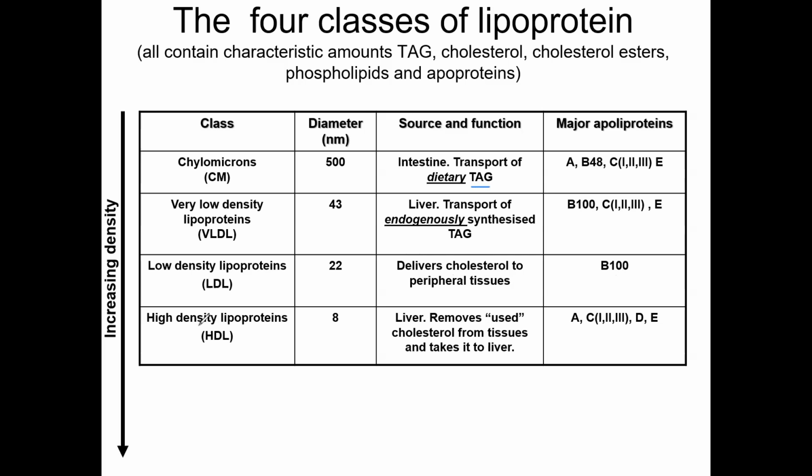And then the next one is high density lipoproteins, found in the liver, and the major function is to remove the used cholesterol from the tissues and take it to the liver. That is why it is called good cholesterol, because for example the LDL is transported to various tissues, like the artery.